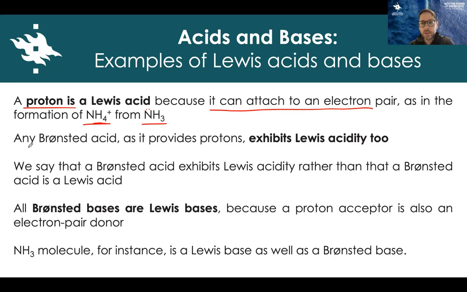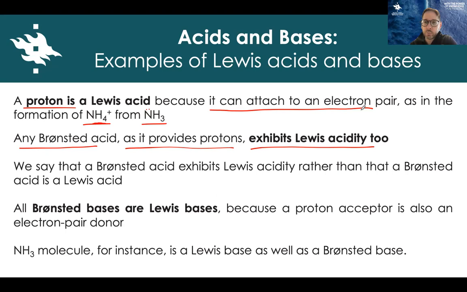And then actually we have the Bronsted-Lowry theory of acids and bases and the Lewis theory of acids and bases, but actually they are all acids and bases. So like any Bronsted acid, as it provides the protons, they exhibit Lewis acidity too, right? Because when we have the donation of a proton, the proton is eliminated from the molecule.